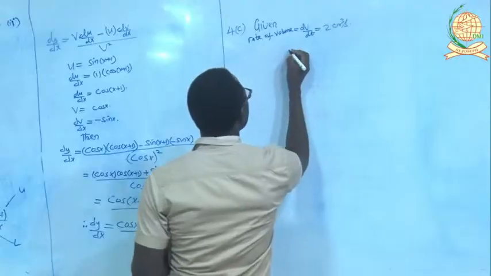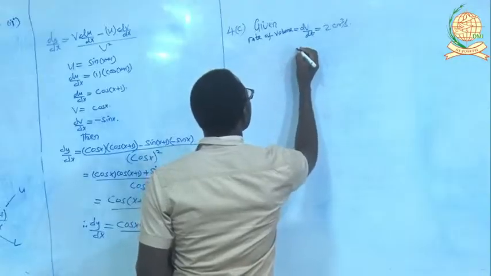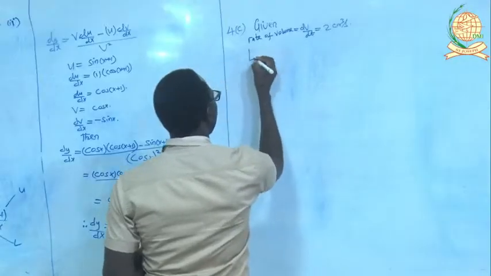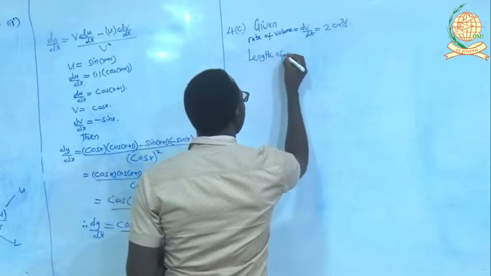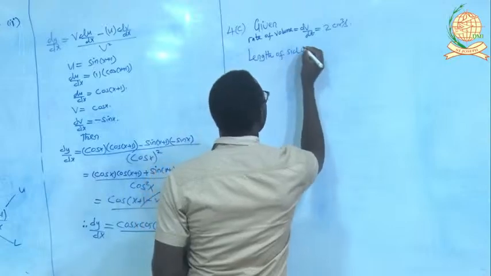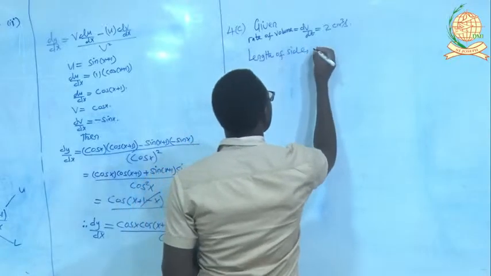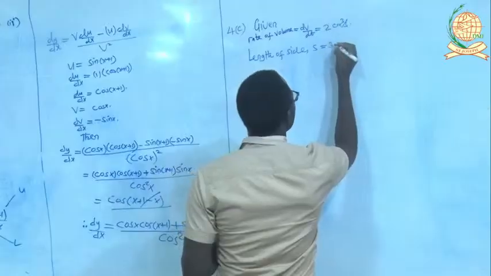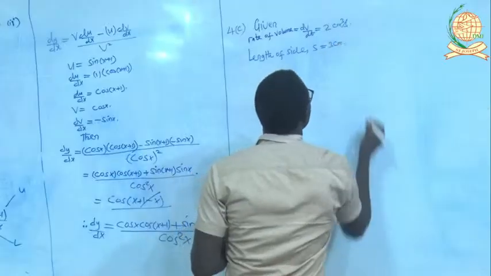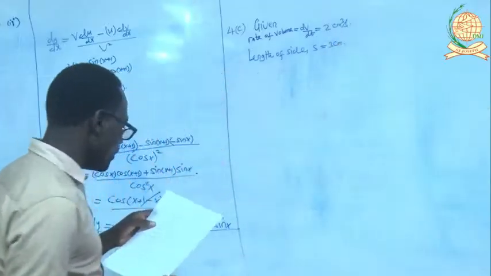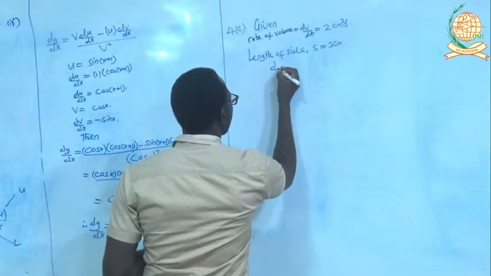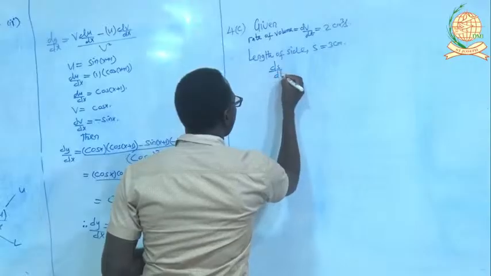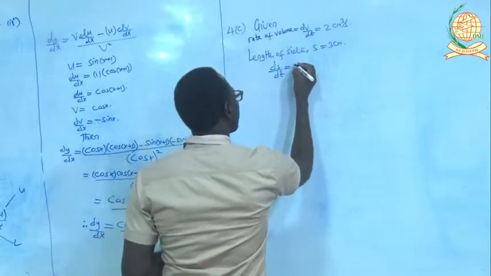Length of the side, let's say S. Let's say S is equal to 3 centimeters. And we need to find the rate of change of that side. So the dS over dt, this is needed.